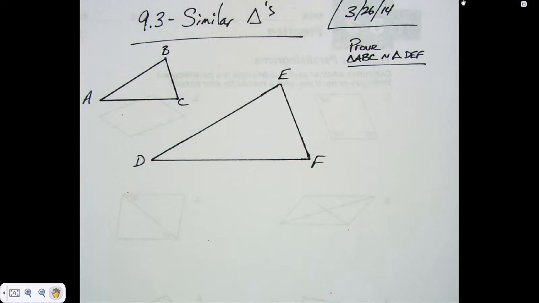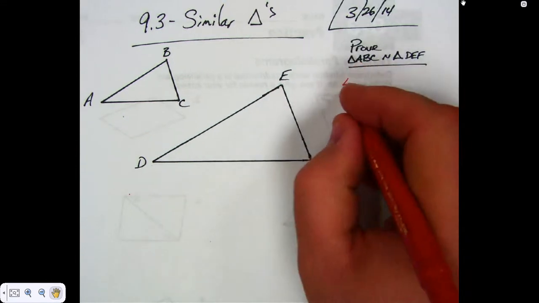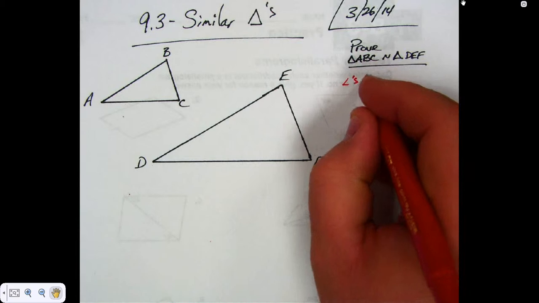6 total things. You would need to prove that the angles were congruent.